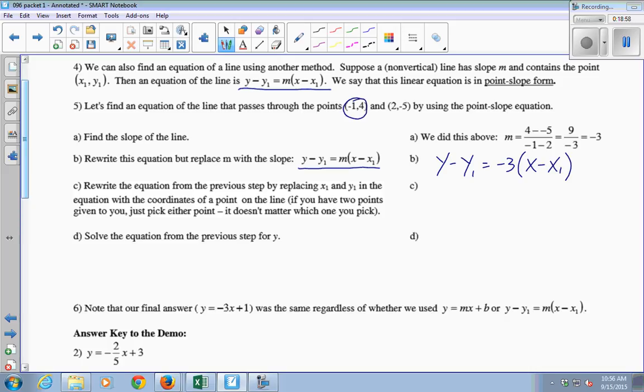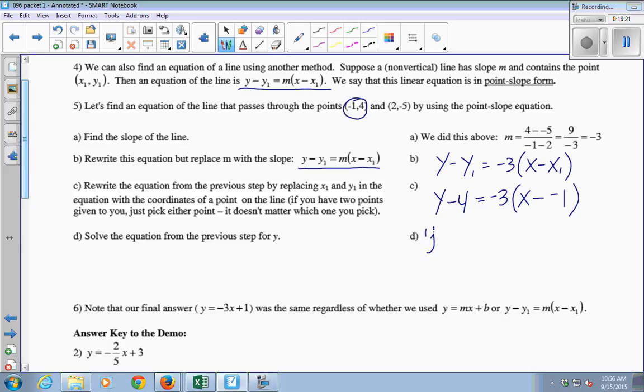The first one? Good idea. All right, so I'm going to replace y1 with a 4. So I have y minus 4 equals -3 times x minus x1, which is a -1. Then I'm just going to simplify this. I'm going to solve this for y.